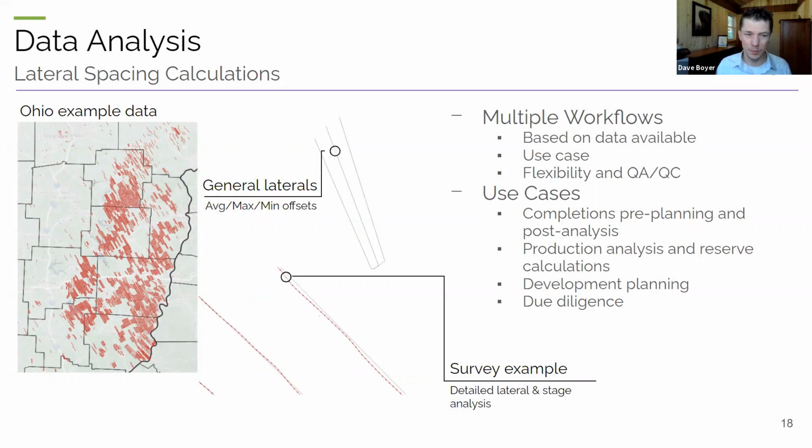There are a lot of things you can use this for: production analysis, reserve calculations, development planning, due diligence. And this is just one example of using the software that you have to create solutions that you weren't able to in the past.